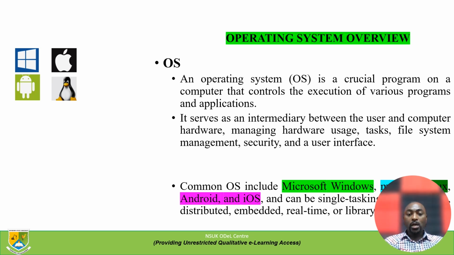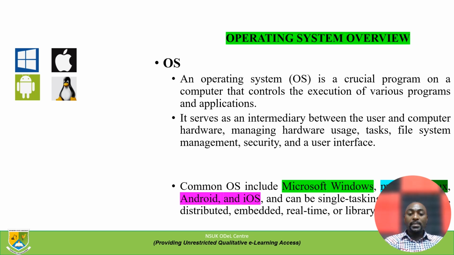So common operating systems include Microsoft Windows. We also have Unix. We also have the Mac operating system. And then for phone operating systems, we have things like Android. We also have the iPhone operating system and the likes.